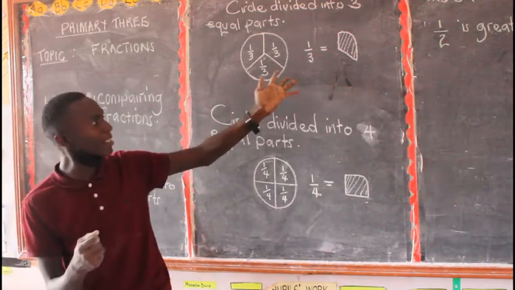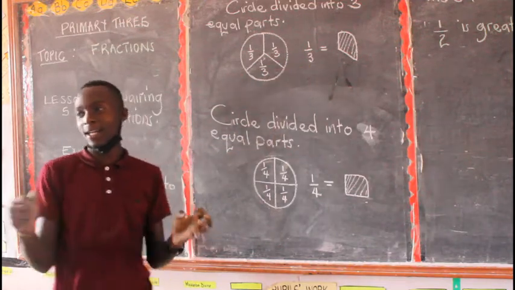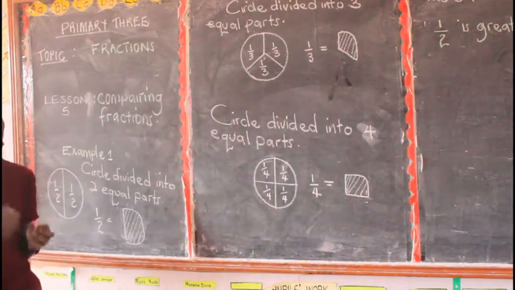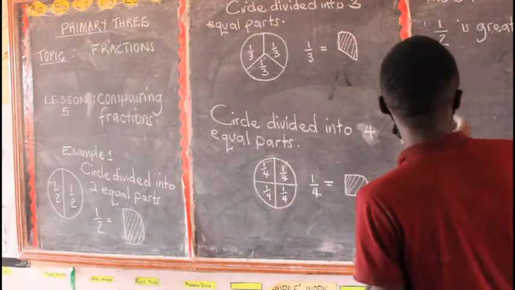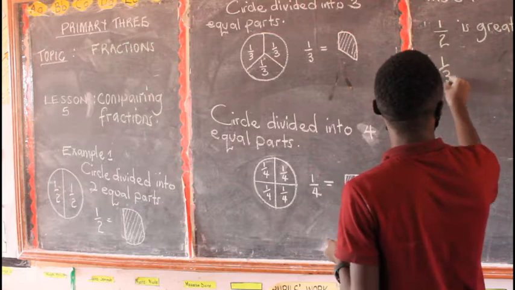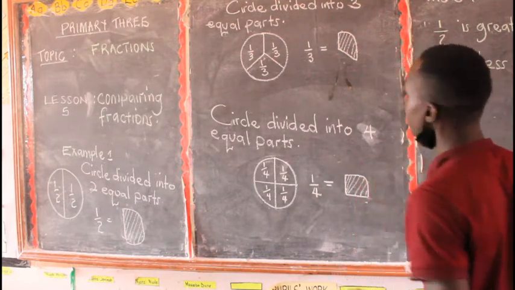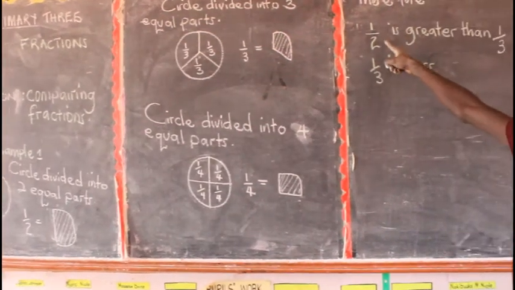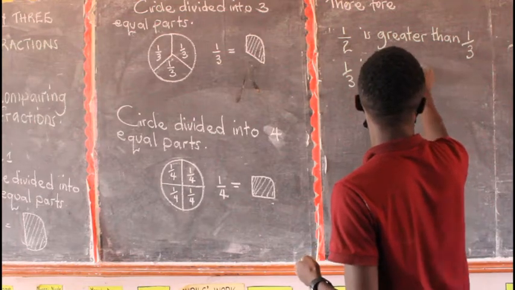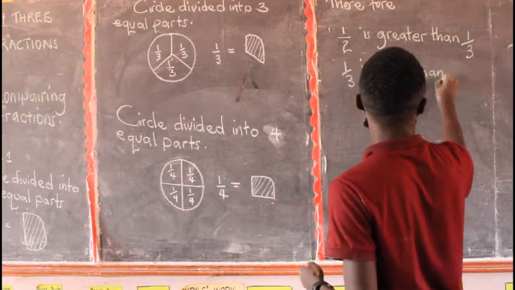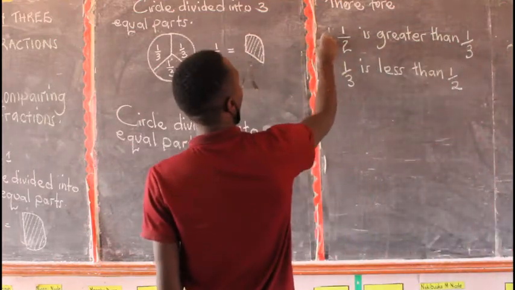The fraction becomes small when its down number is bigger. A half is greater than a third, which means that also a third is less than a half. That's part 1.